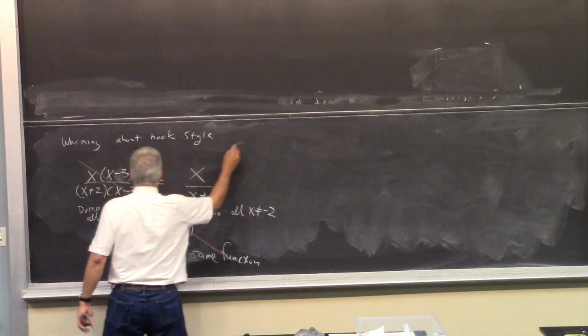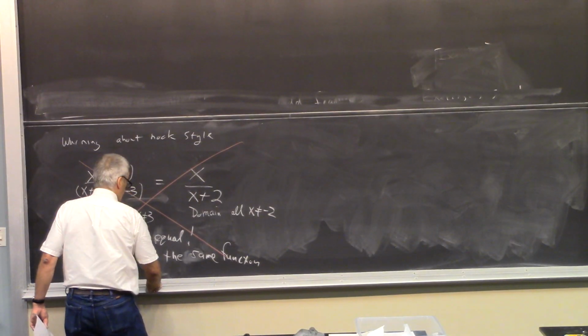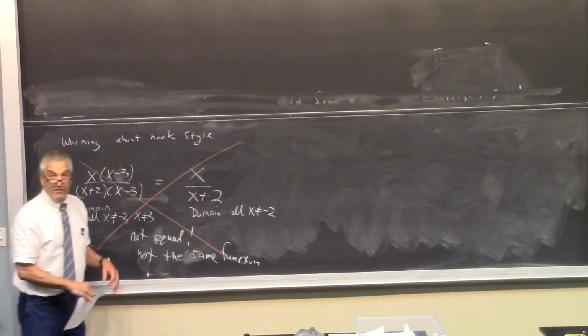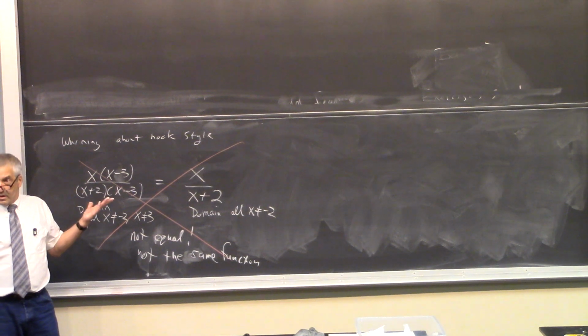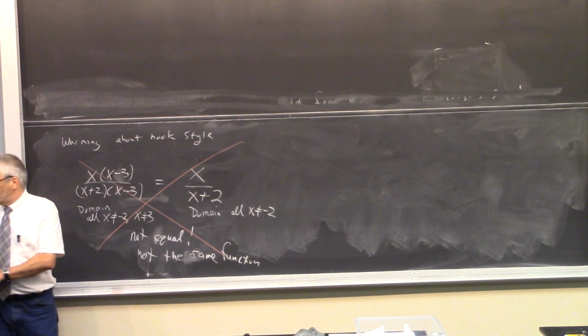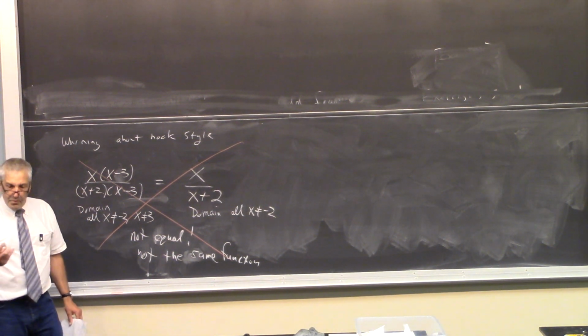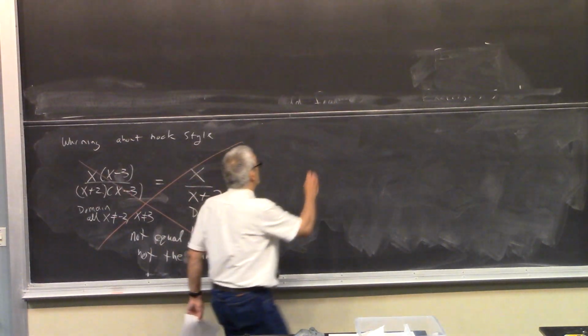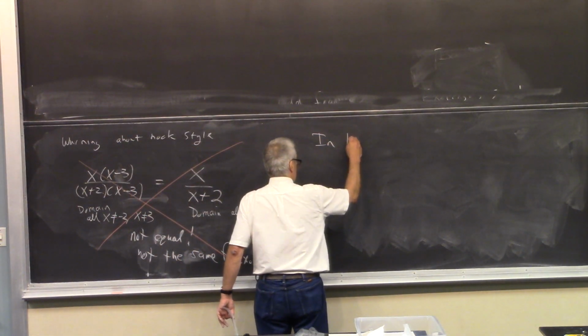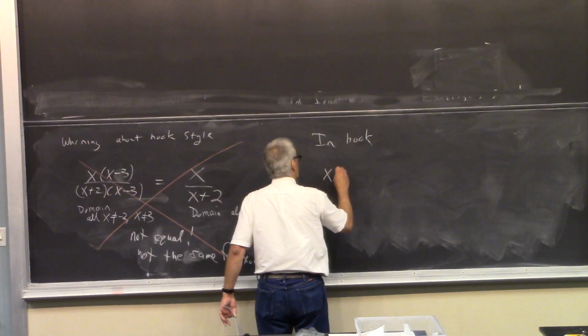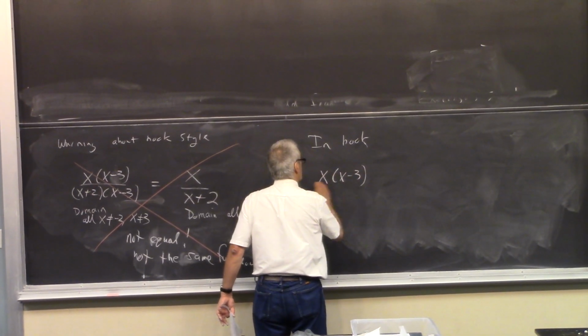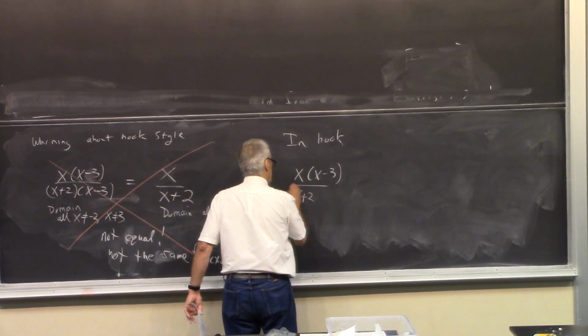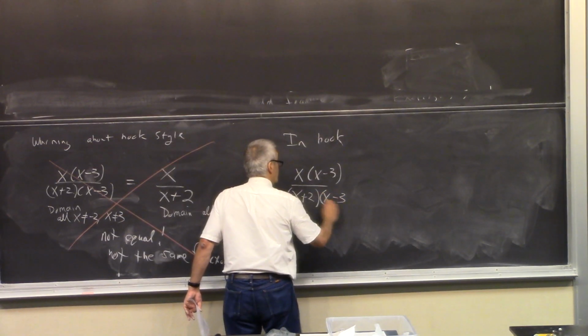But what I said on Monday, and just again a while ago, is that if somebody guarantees you that x is not going to be equal to 3, then you can cancel, like over here. Well, if you look in the book, the way they would do this is this.